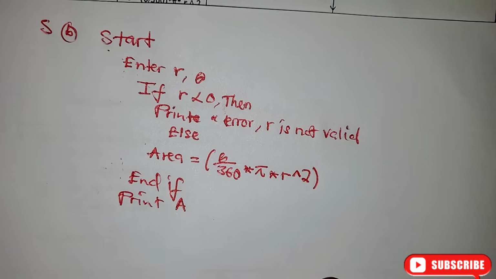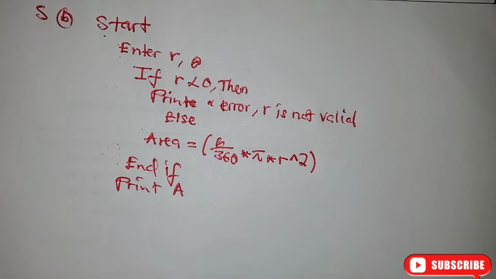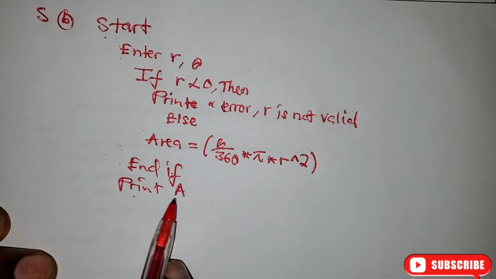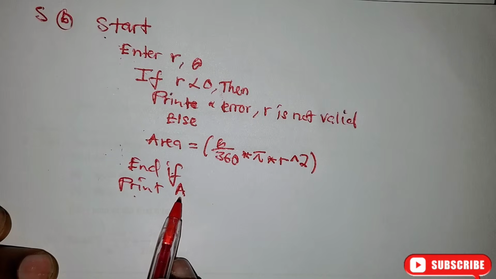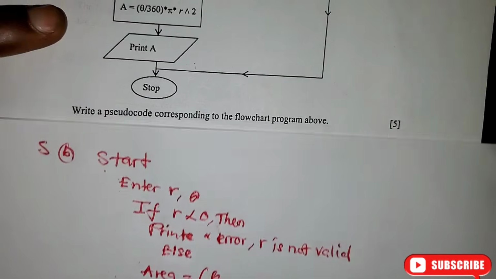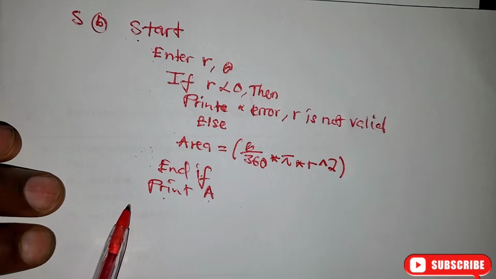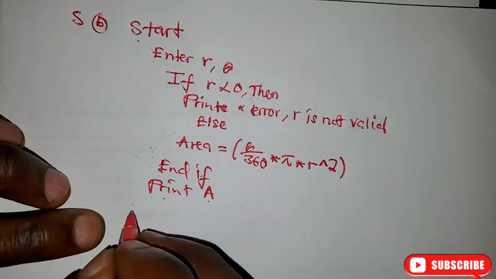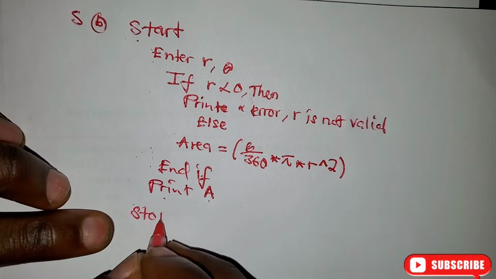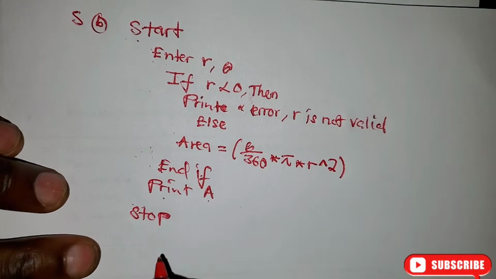Okay, end if is here, then print area. The last statement here is stop. So where you started here in the same line, you can just write stop. Okay, stop. That's all.